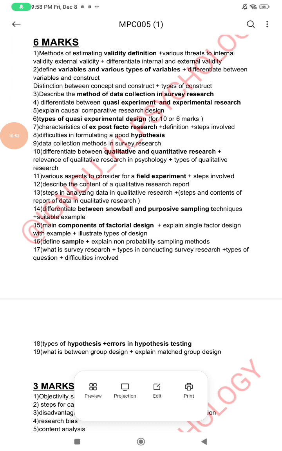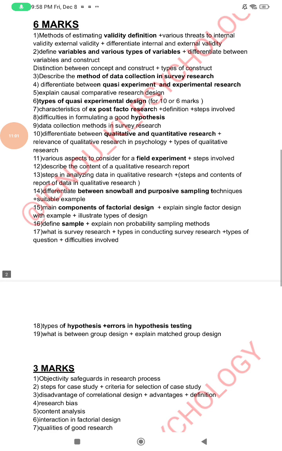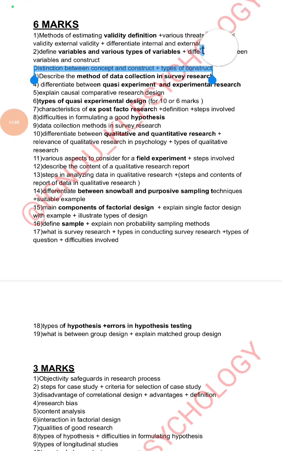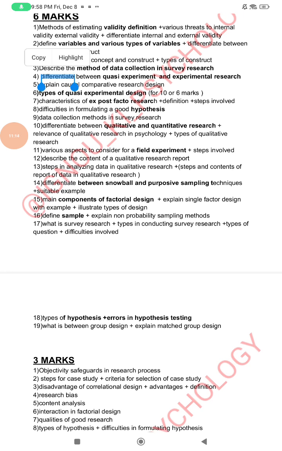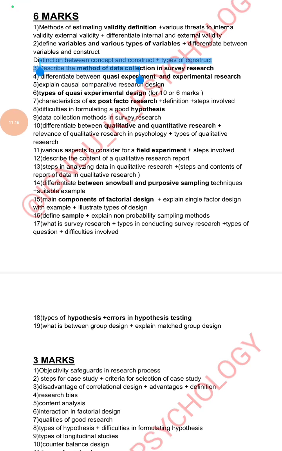So you have to explain these two aspects, and then differentiate how both are different, variables and construct. In this way you have to answer this. Also this question has been asked, distinction between the concept and construct, and also mention the types of construct. So this also you have to prepare. Question number 3, describe the methods of data collection in survey research.